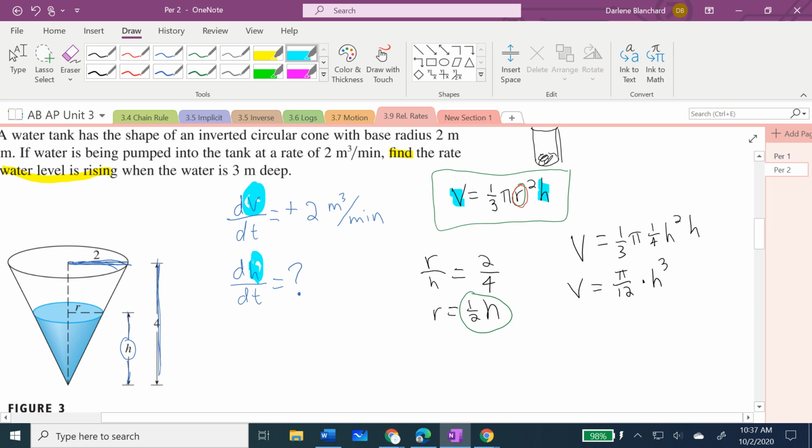Now I'm ready for step 3, take the derivative with respect to time. So I'm going to d/dt both sides of the equation. On the left side, derivative of volume with respect to time is dV/dt.